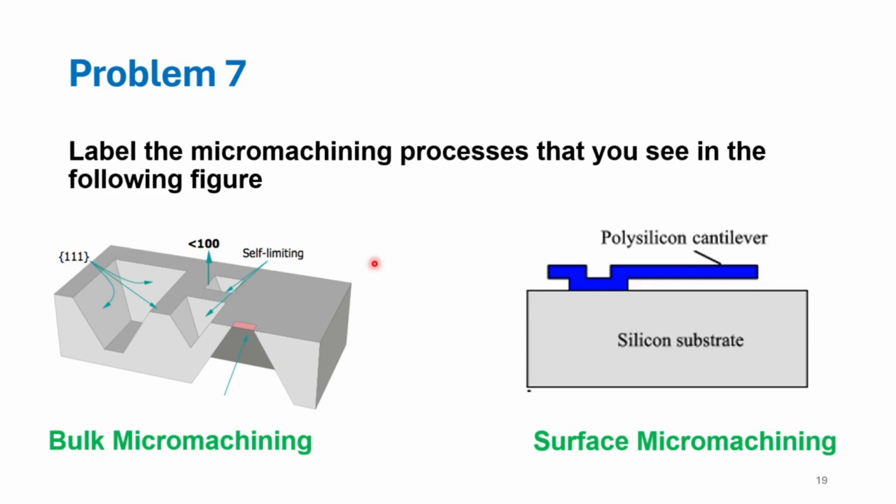But in the case of surface micro machining, here what we are seeing is a polysilicon cantilever on a silicon substrate. So we are taking a silicon substrate, we are depositing some sort of sacrificial layer in between them, like this.